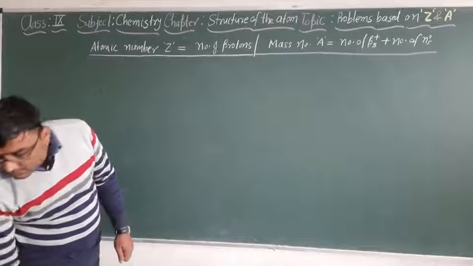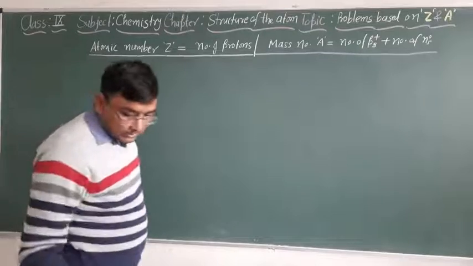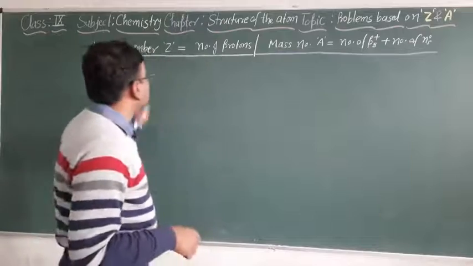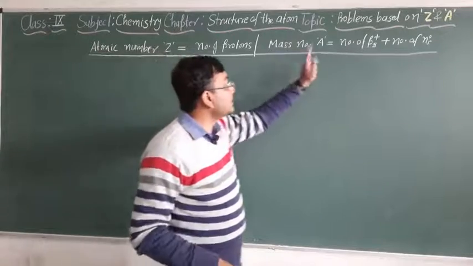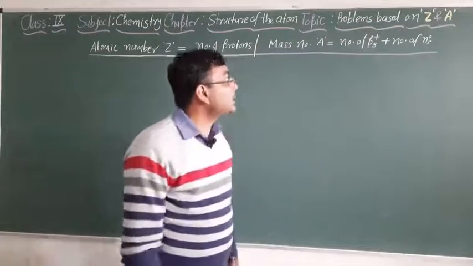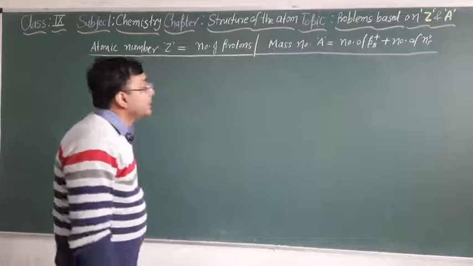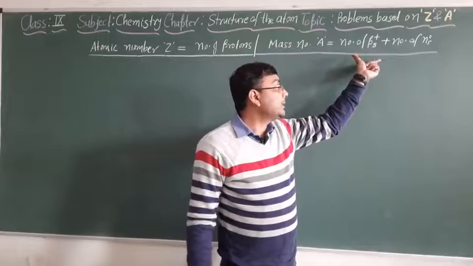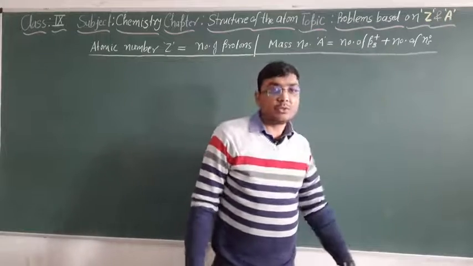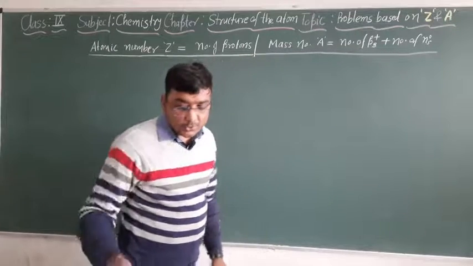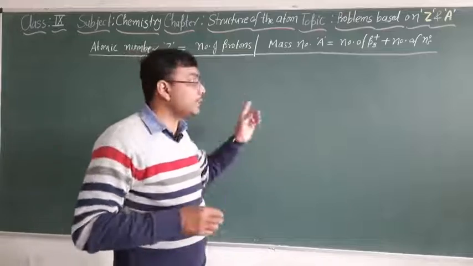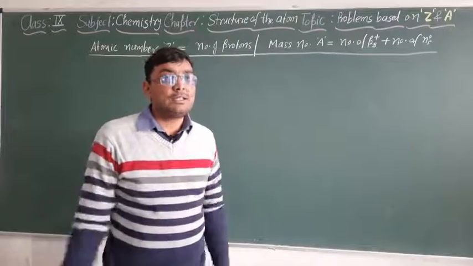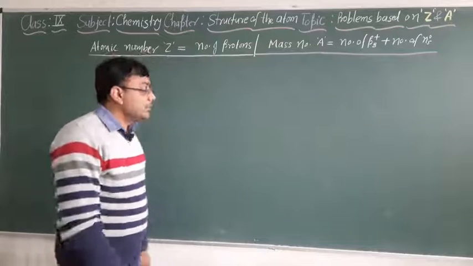Atomic number is the number of protons, and mass number is number of protons plus number of neutrons. Can we write mass number is equal to atomic number plus number of neutrons? Of course. So you keep this formula in your mind and let's start the problem.